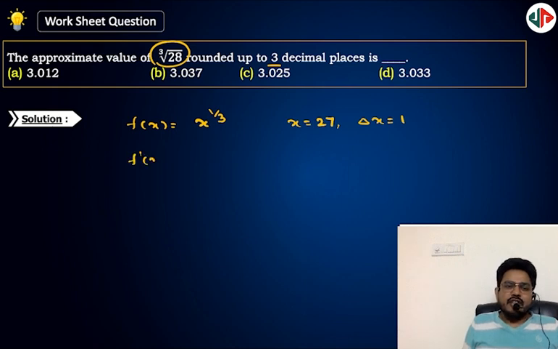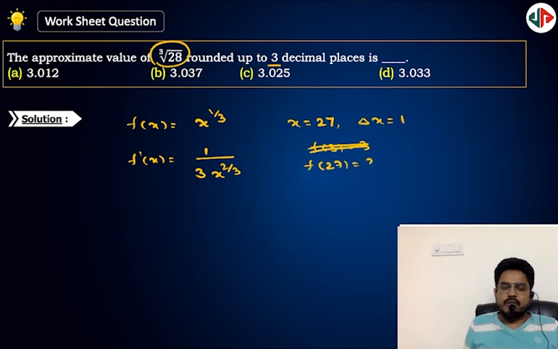From here f dash of x, derivative of x power 1 by 3, is 1 by 3 x to the power of 2 by 3. So f of 27 is equal to 3. f dash of 27 is equal to 1 by 3 into 9, which is equal to 1 by 27. So you need to look for this value.